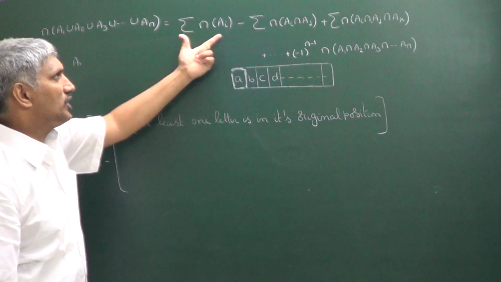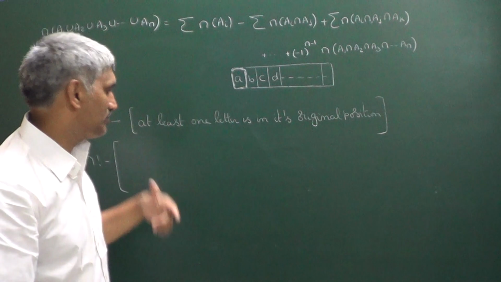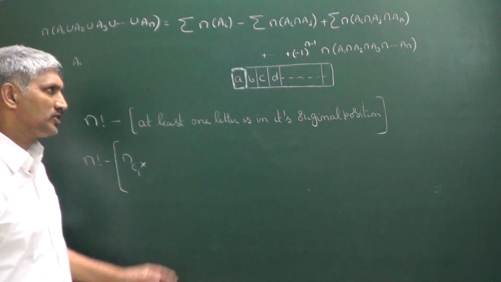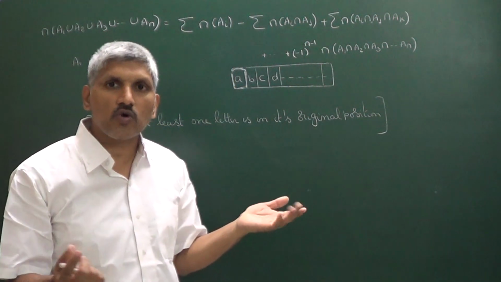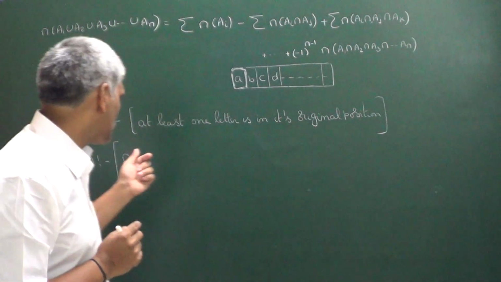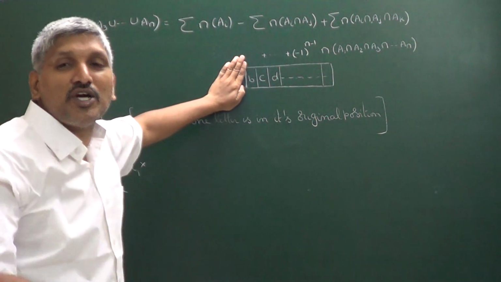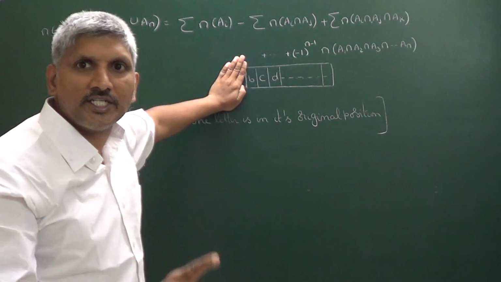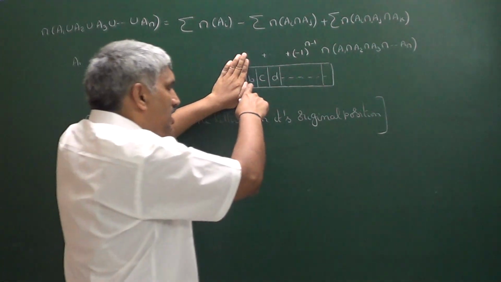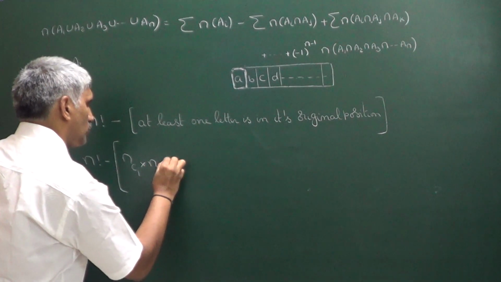This summation consists of NC1 terms, because I can select A, or B, or C to be in its original position. Once A is in its original position, the remaining n minus 1 letters can be arranged in n minus 1 factorial ways.